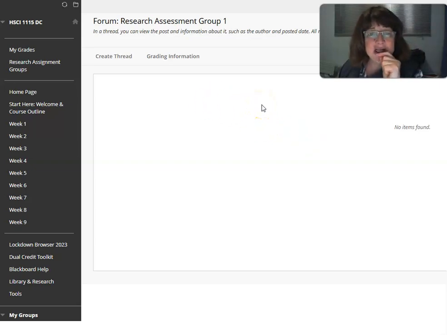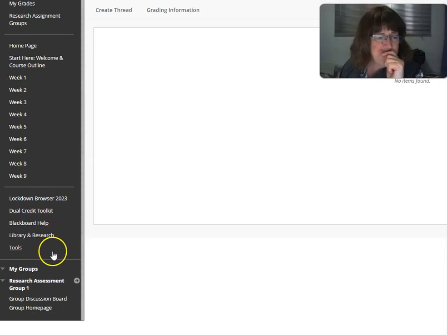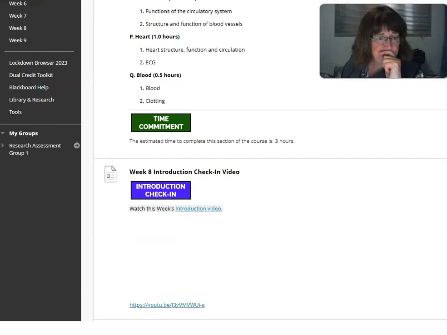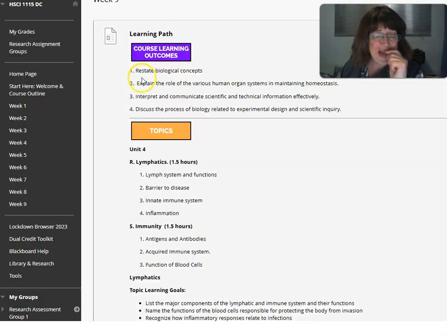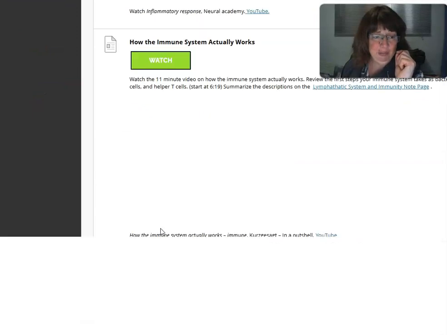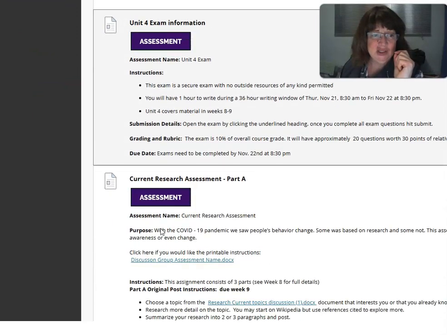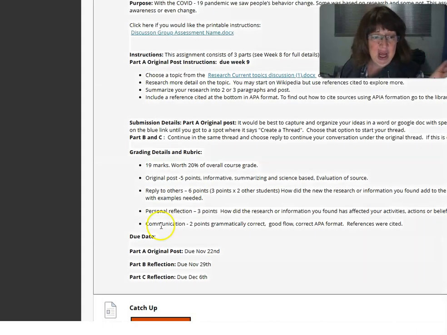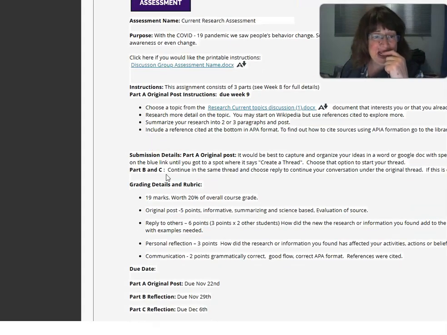That's part A. Let's go back to the activity and we'll look at the dates. There are 3 parts, part A, part B, and part C. Part A is due by the end of week 9, which is the 22nd. Part B is a reflection.